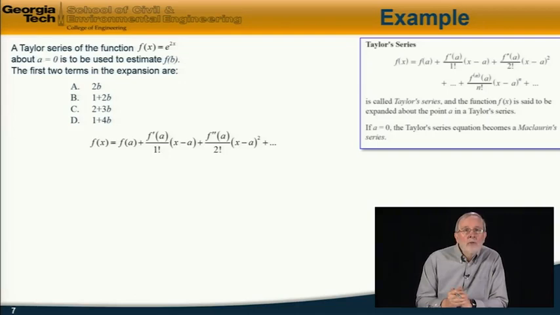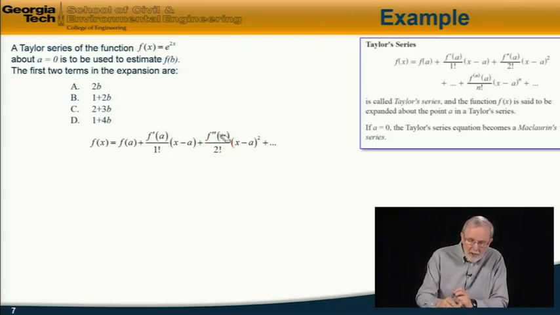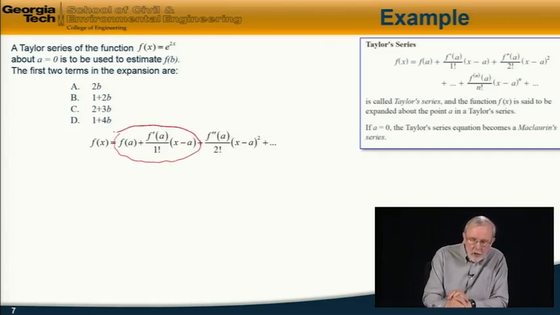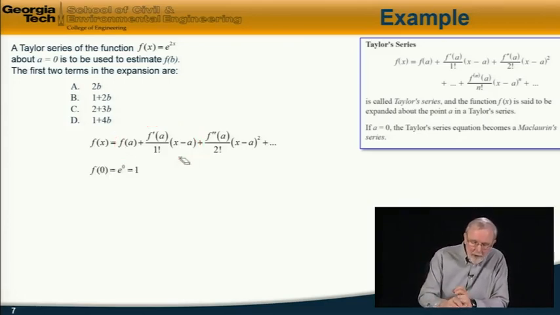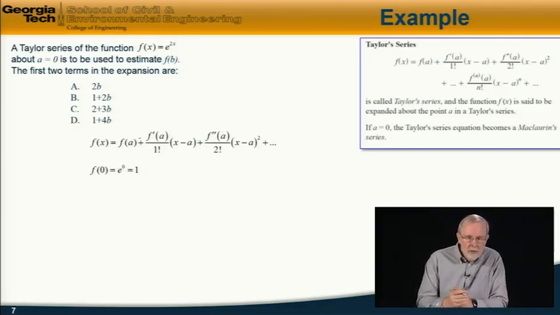F of x is equal to the function evaluated at a, plus the first derivative, f prime evaluated at a, divided by 1 factorial times x minus a, plus the second derivative, f double prime evaluated at a, divided by 2 factorial, multiplied by x minus a squared, etc. But here we're asked only for the first 2 terms, so we just want to evaluate these terms in the expansion. So to do that, first of all, we evaluate the function at a, where a is equal to 0.